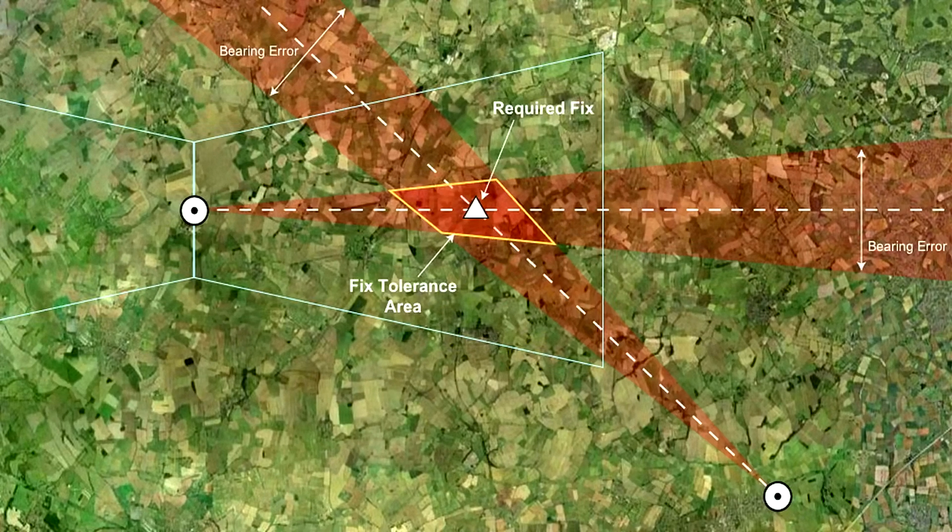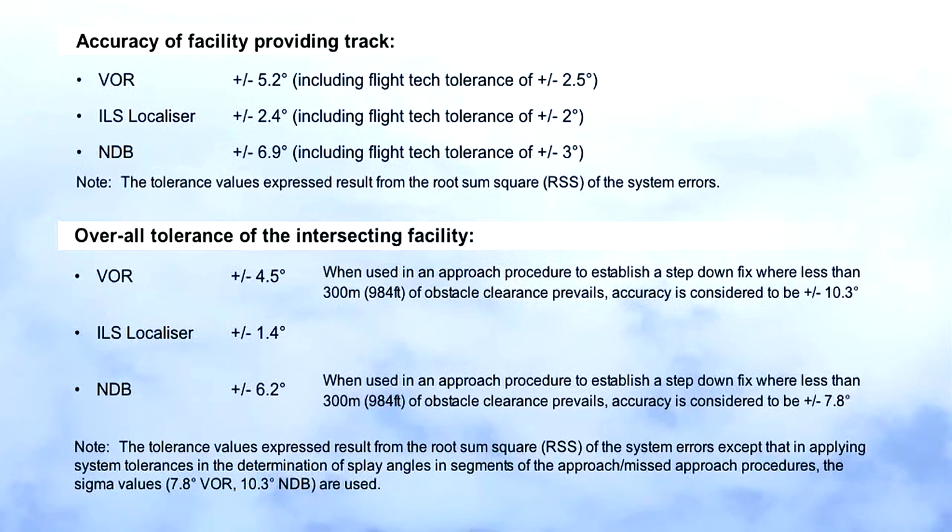Fixes are normally all derived from standard navigation systems. As the standard navigational systems have accuracy limitations, the geographic point which is identified is not precise, but may be anywhere within an area called the fix tolerance area, which surrounds the plotted point of intersection.